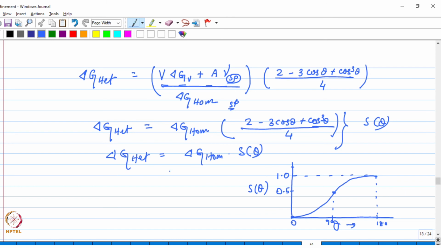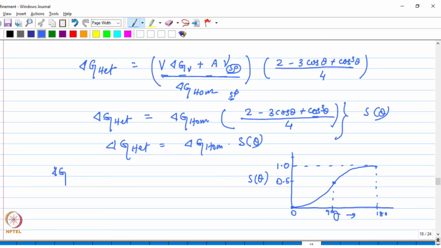Right? So from here, we also need to calculate what is the energy barrier for the heterogeneous nucleation, that is the critical free energy change for the heterogeneous case. Okay. So following a similar approach of setting the d delta G by dr equal to 0, we can find out delta G star heterogeneous as this.